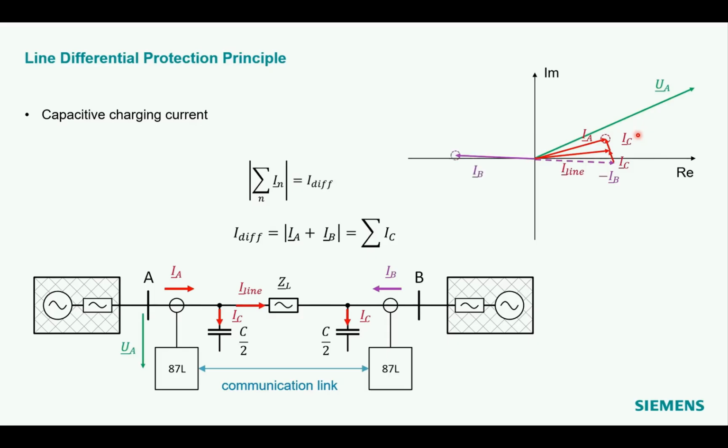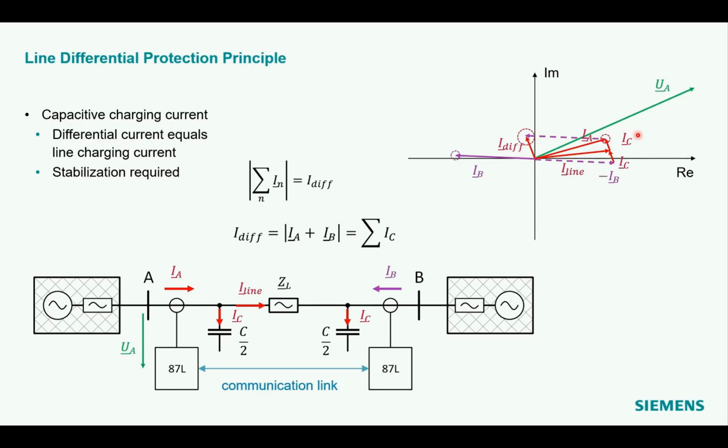The sum of both current phasors results in a differential current IDIF. This will result in quite a significant differential current, which is the charging current of the line. This needs to be considered for the relay setting.